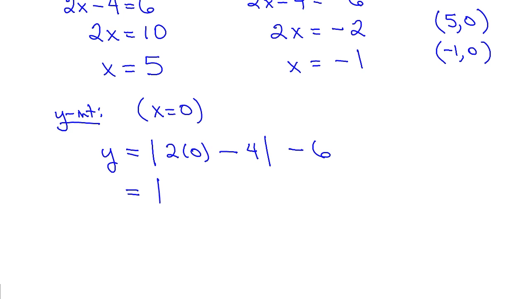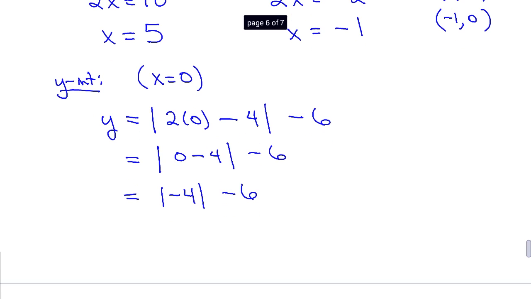That's equal to the absolute value of 0 minus 4, minus 6, which is equal to the absolute value of negative 4, minus 6, which is 4 minus 6, which is negative 2. The y-intercept is also a point, so we write this as 0, comma, negative 2.